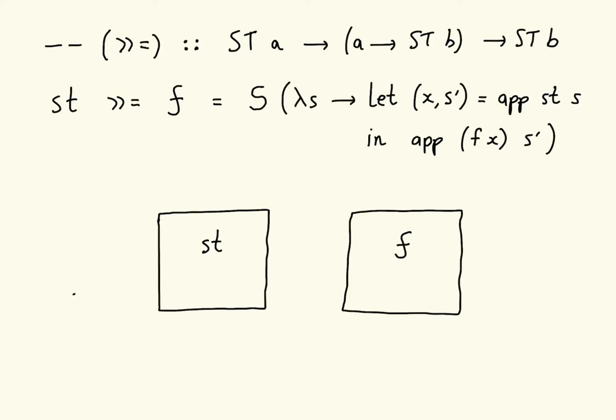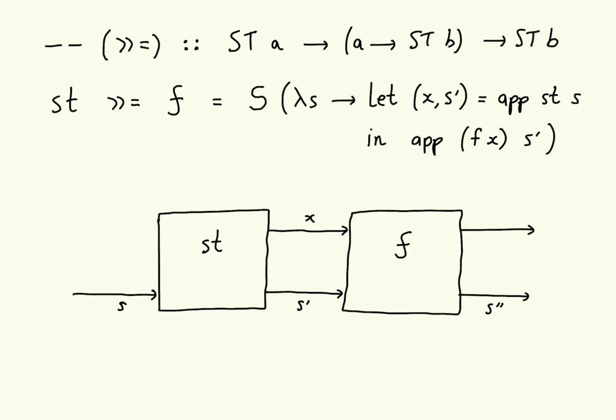So what's happening is we have a state coming in here, s, and it's being transformed into a possibly modified state s prime, and a result value x. And then both of those are going into the function f, and out the other side will come a possibly modified state. So let me just call it s double prime.